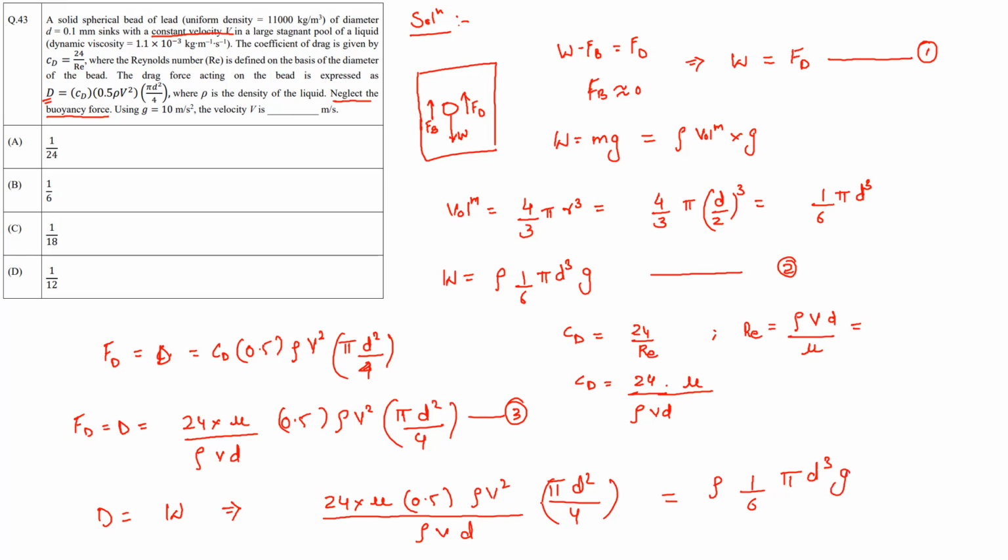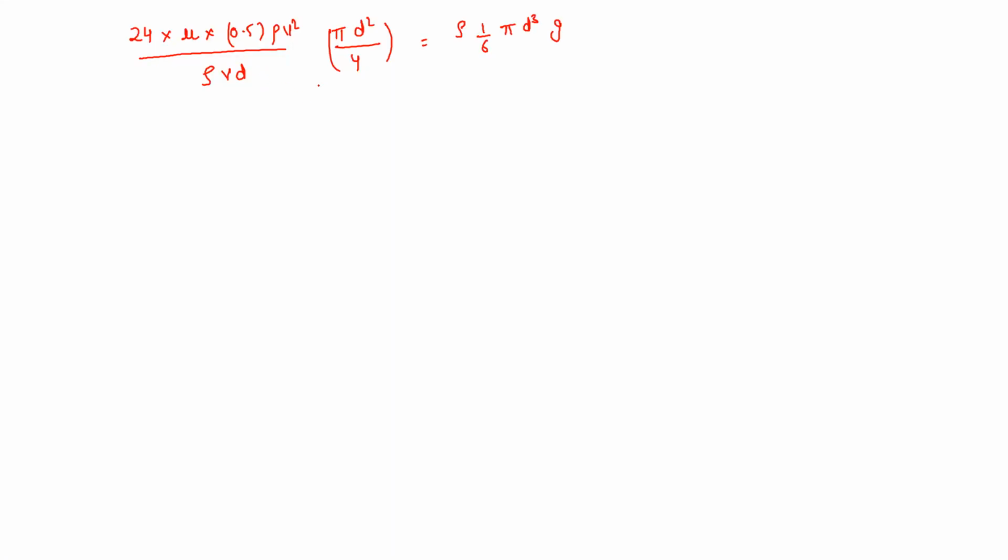Now all the other terms are known to us. We just need to find V, which is the velocity. Solving for V, this V gets cancelled, one rho gets cancelled, and this D gets cancelled. We have been given that D is equal to 0.1 mm, rho is equal to 1100 kg per meter cube, and mu is 0.1 into 10 to the minus 3.